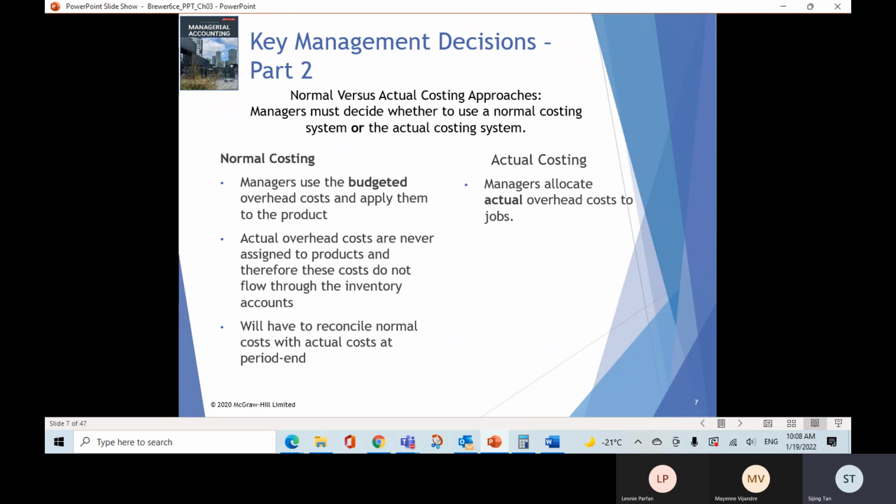Managers must decide whether to use a normal costing system or the actual costing system. But in our textbook, chapter 3, we basically talk about the normal costing system. So we have to learn the predetermined rate and allocate all those predetermined overhead costs to the real products. Okay.